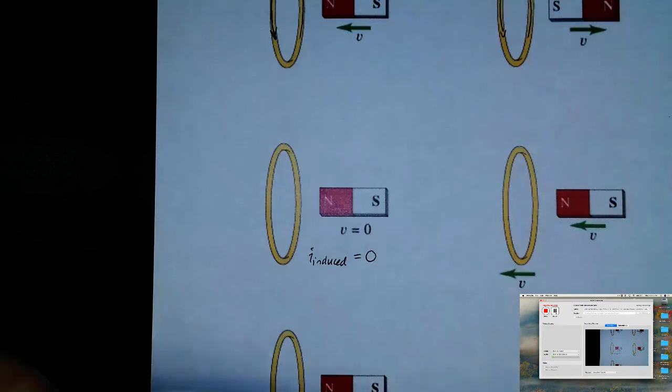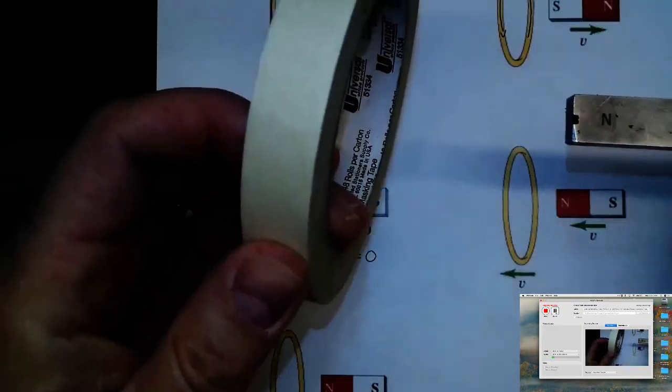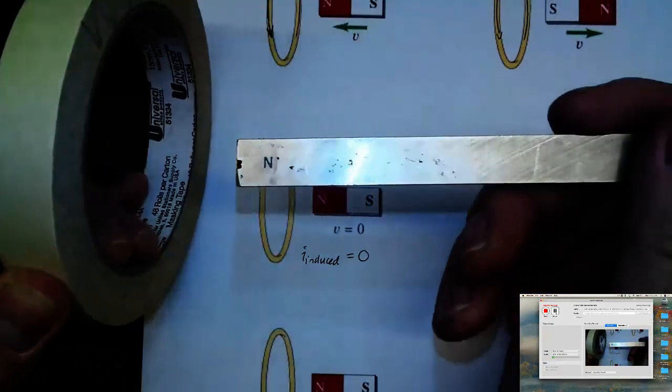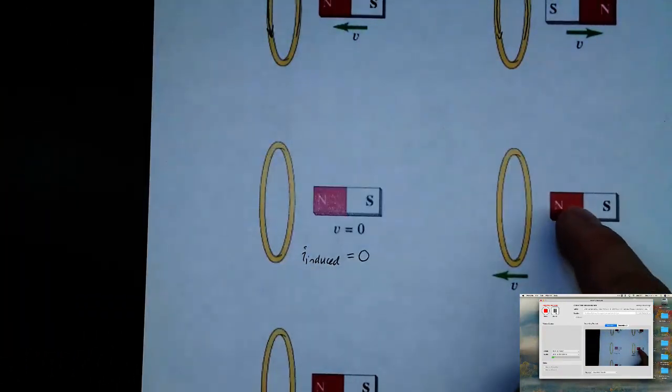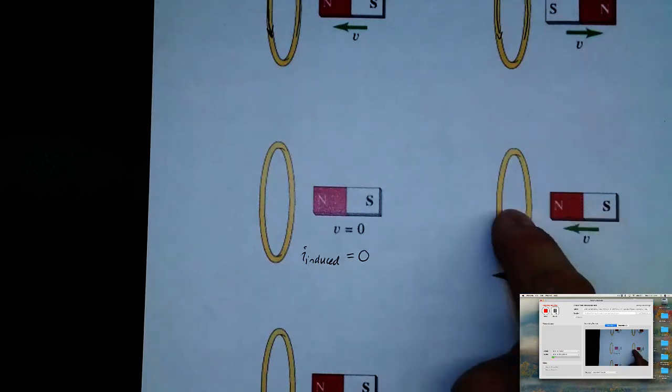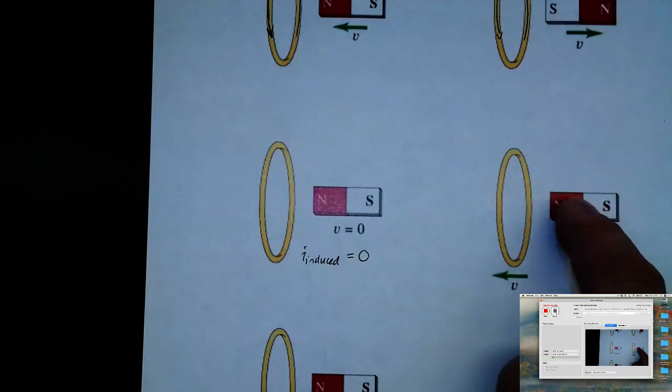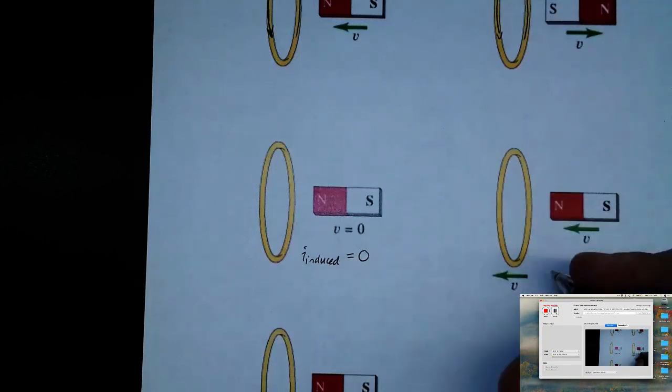Situation 4, I've got my magnet and my ring, and here I'm moving them both together at the same velocity. This movement means that the strength of the magnetic field from the bar magnet at the ring is never going to get any weaker or stronger, because they're going to stay the same distance apart. And this is another situation where the induced current is 0.